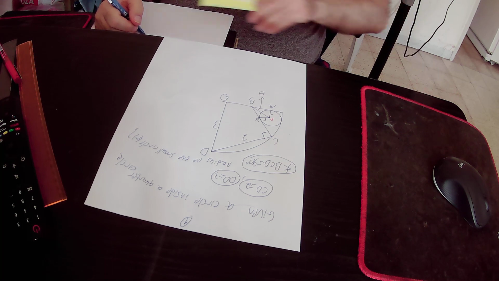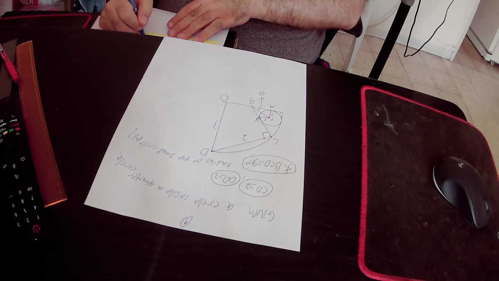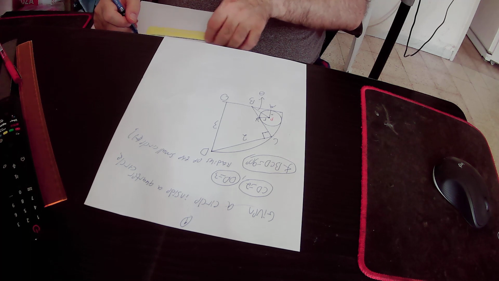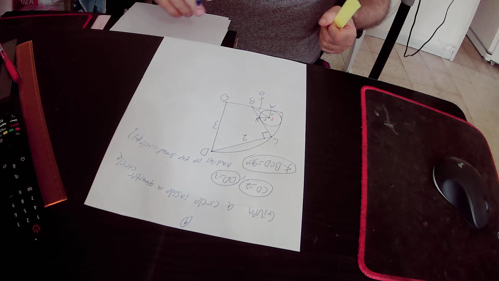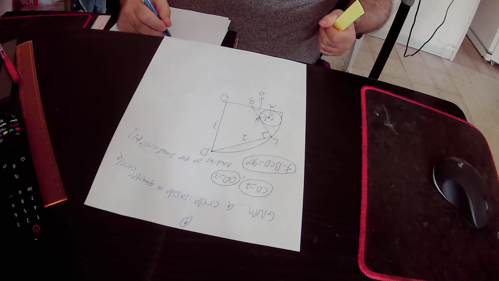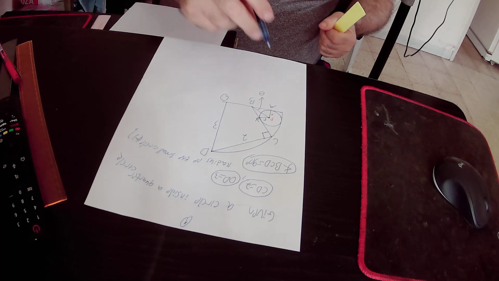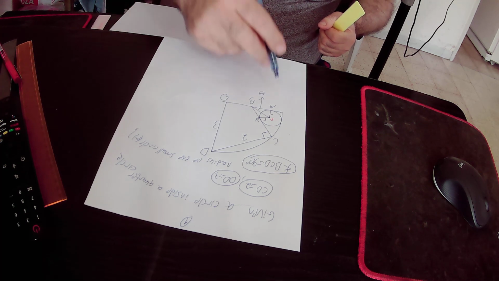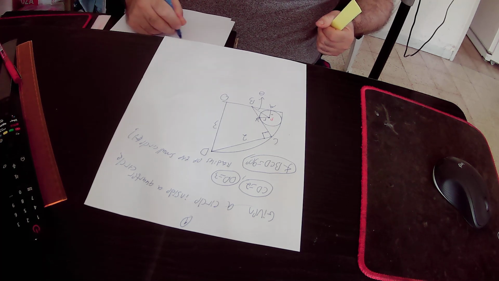Actually, we will show that those two triangles are congruent to each other. First of all, we know that AP equals PX equals r. AP in triangle ABP equals PX, and both those two line segments are equal to the radius of the small circle, so they are equal to each other.